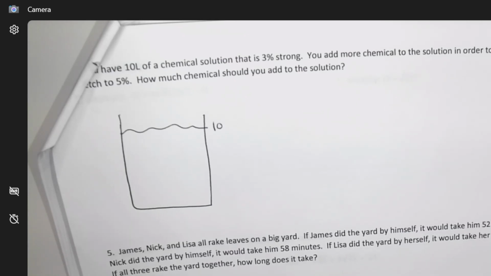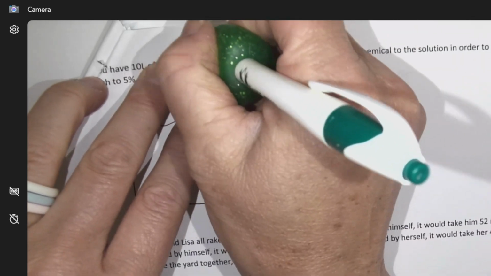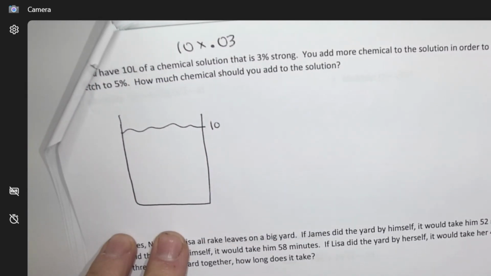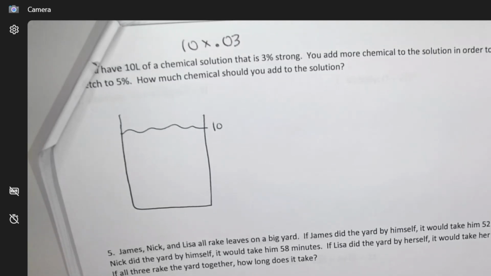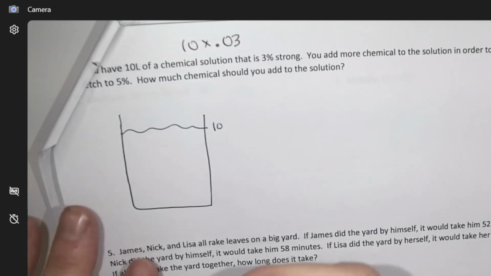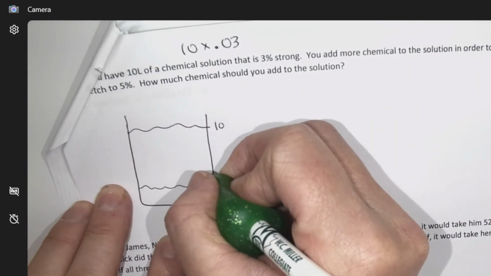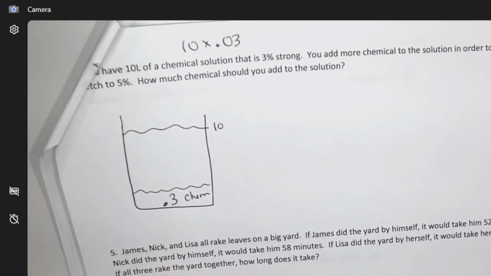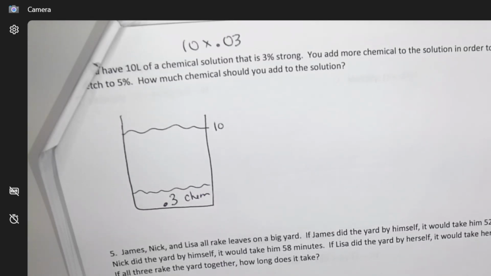Right now, currently, there's some chemical and there's water in there. If it's 3% strong, right now there is 0.3 liters of chemical in there and a bunch of water. That's what's in it right now.